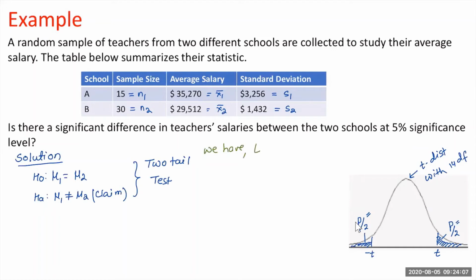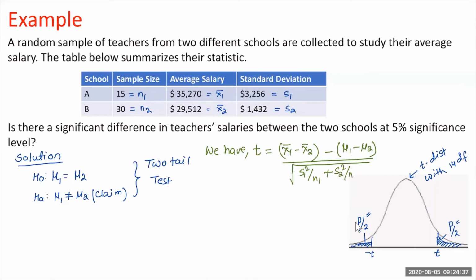We have t equal to x1 bar minus x2 bar minus mu1 minus mu2, divided by the square root of s1 squared over n1 plus s2 squared over n2.